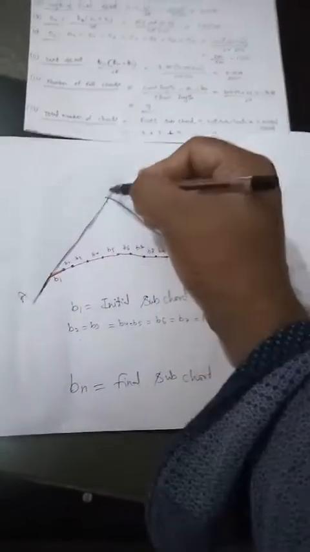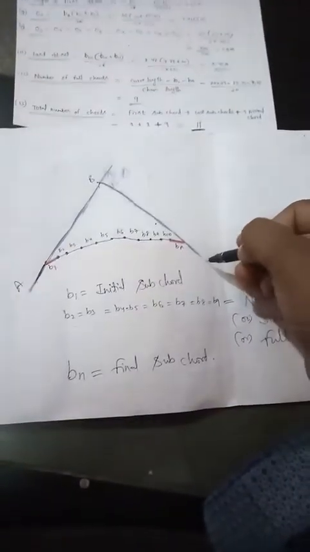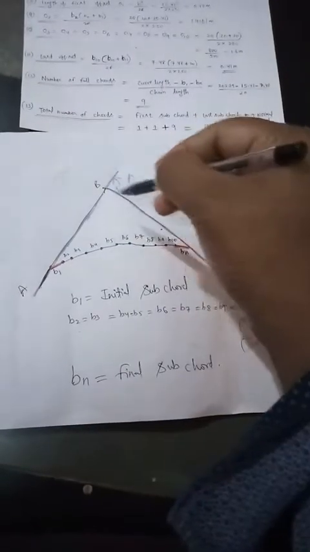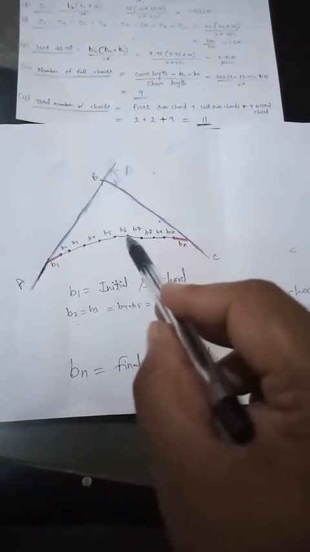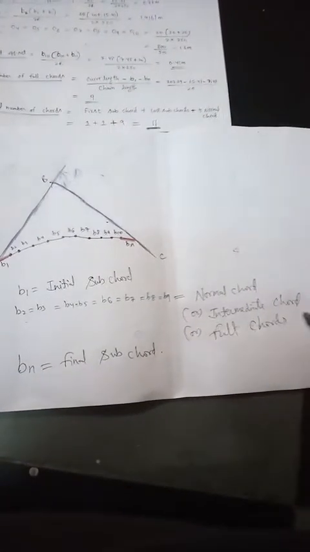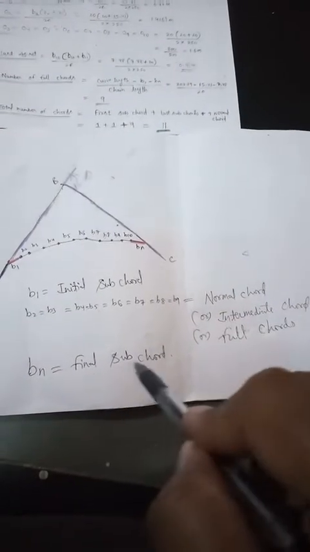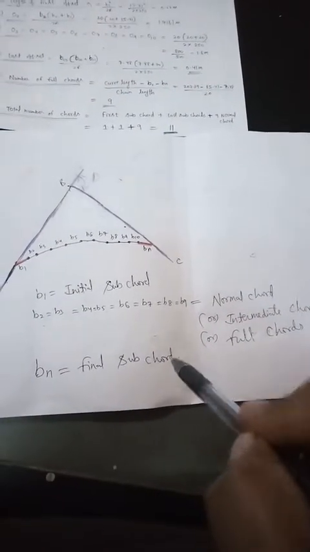So finally this is the final diagram here. A, B is the backward tangent. Next BC is the forward tangent. B1 is the initial subchord. Next B2, B3, B4, B5, B6 up to B10 are the normal chords, or intermediate chords, or full chords. Bn is the final subchord.